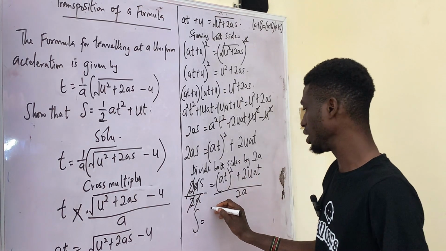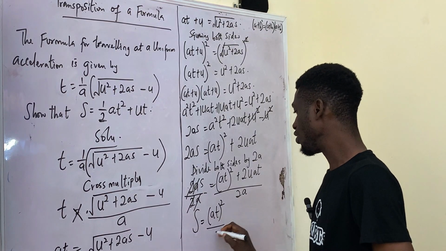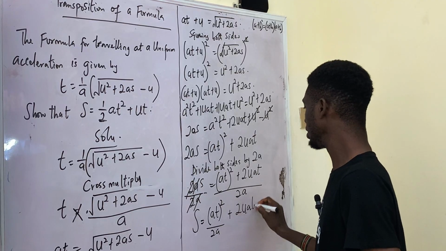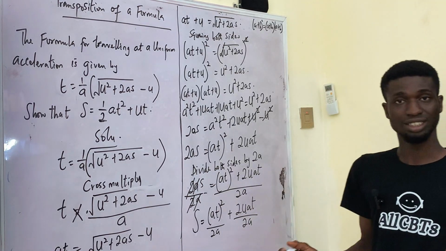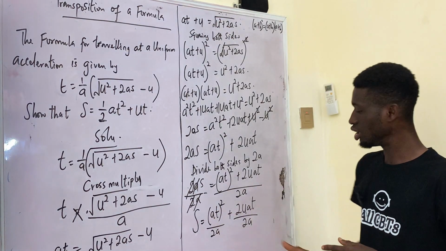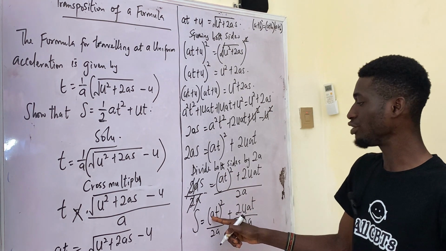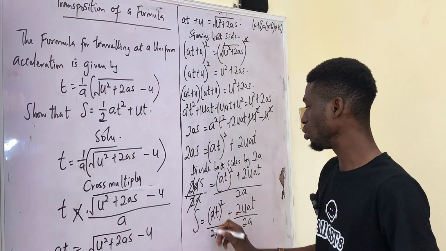Look at it, I can split it like at all squared over 2a plus 2uat all over 2a. These and these are still the same. I'm just trying to simplify it. So don't forget that we have two a's here. So 1a is going to cancel 1a.